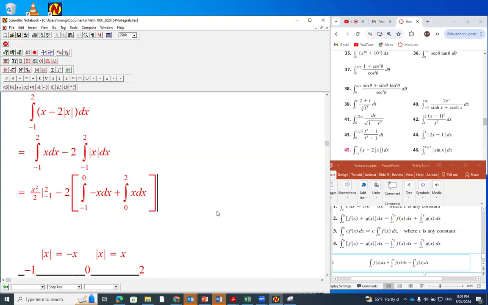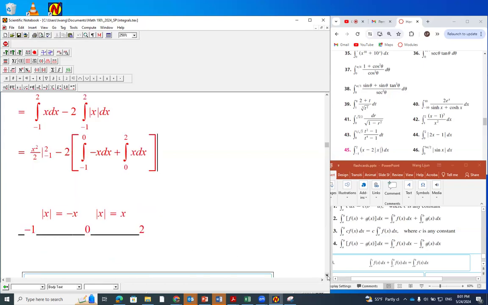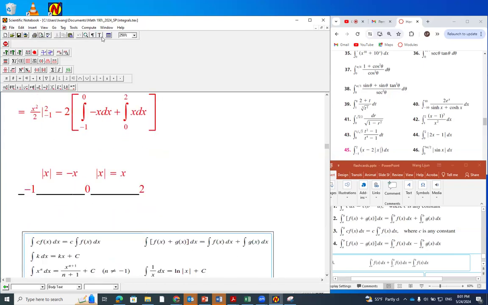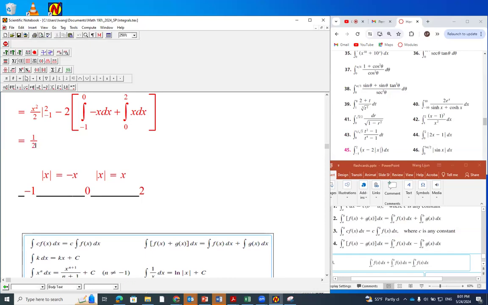See, the interval is split according to the rule change. Then we just finish. On this part we're going to carefully do this: 1/2 times x squared, so 2 squared, subtracting -1 squared.